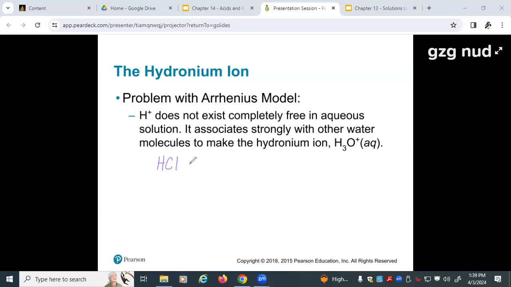So that HCl that we were talking about, when we put it into water, was actually making hydronium ion and chloride ion when it dissolved, not H+. It seems like a ticky-tack little thing to worry ourselves with, but it becomes an important point when we start looking for other ways of defining acids and bases.